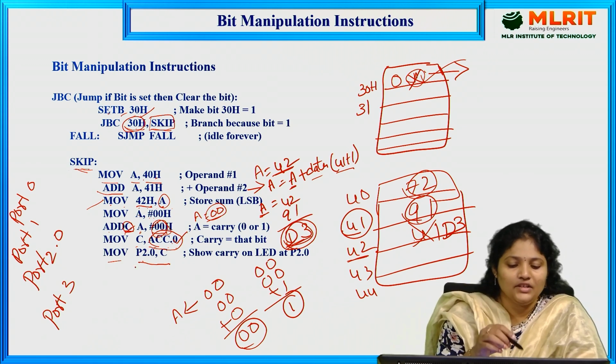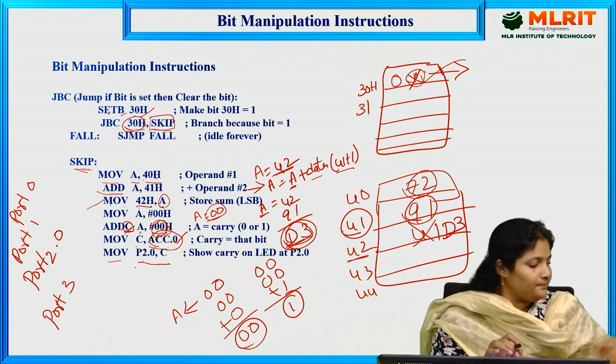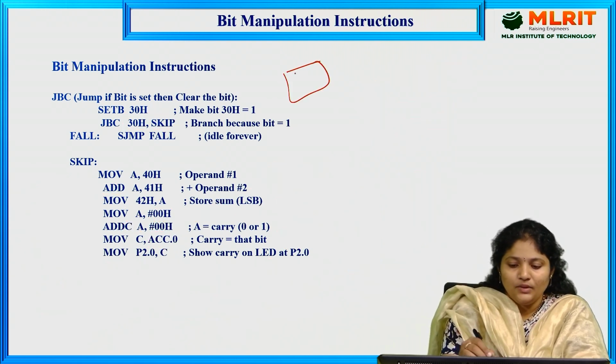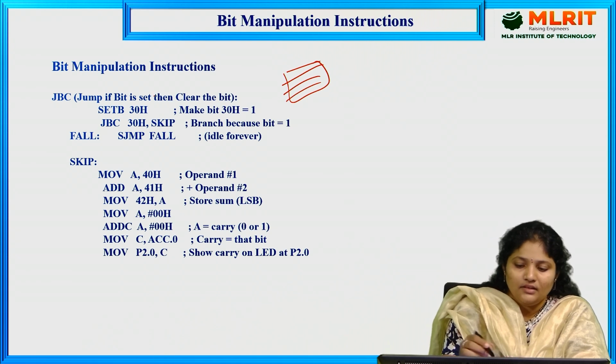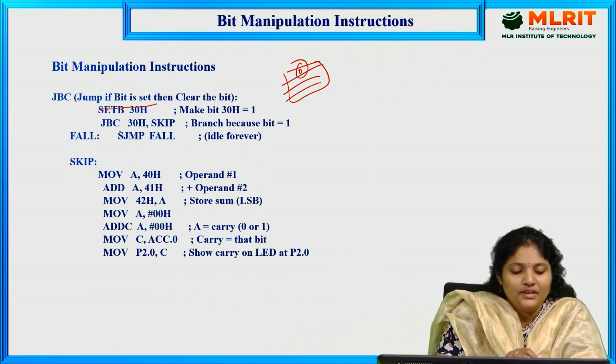Yes. Now again I need to run this program. So here, in the previous one, the bit is 0, right? Now JBC, jump if bit is set and clear it. Here we need to check the 30H location.